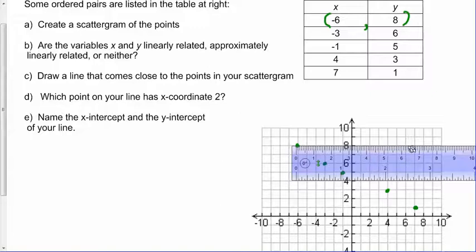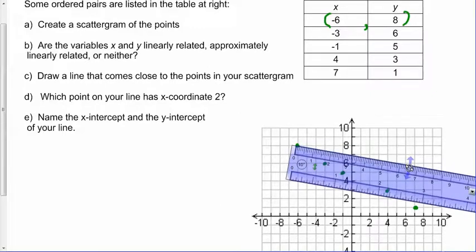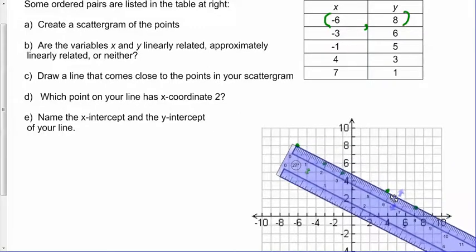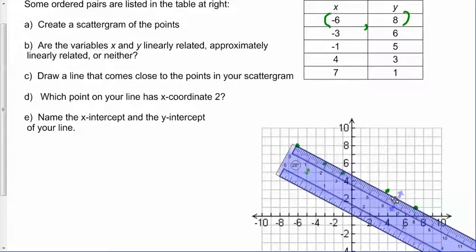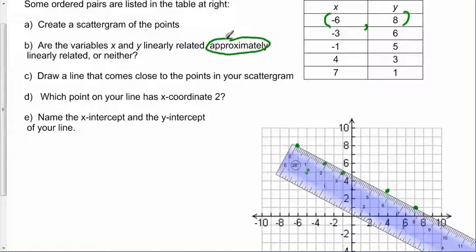Just like we would do if this was on paper, I'm going to tilt it and line it up, because if it's linearly related, if I connect the first and the last point, all the points in between should fall exactly on that line. But we can see even though it's close, they don't quite all fall on that same line. So in that case, we can say that this is only approximately linearly related. They don't fall exactly on the same line.